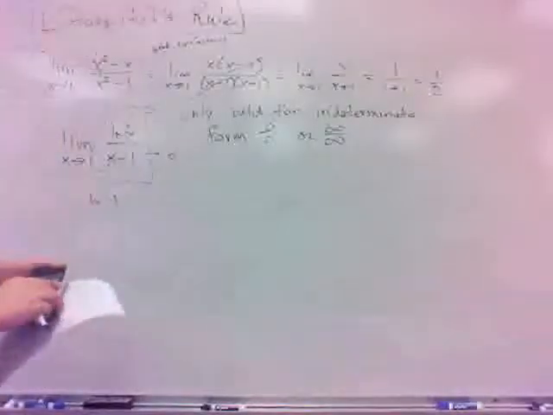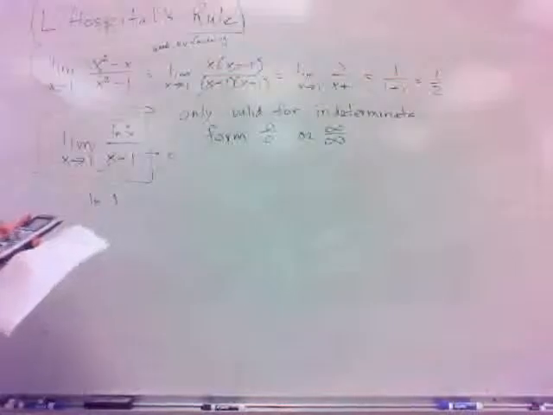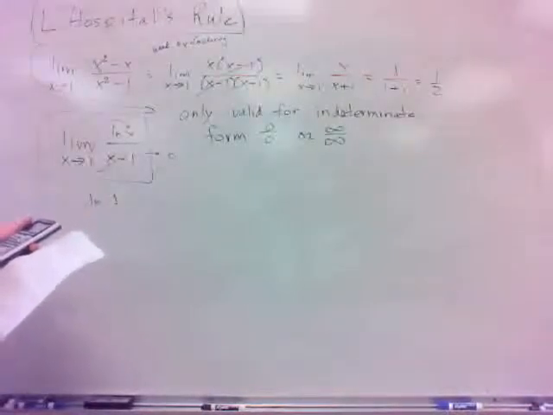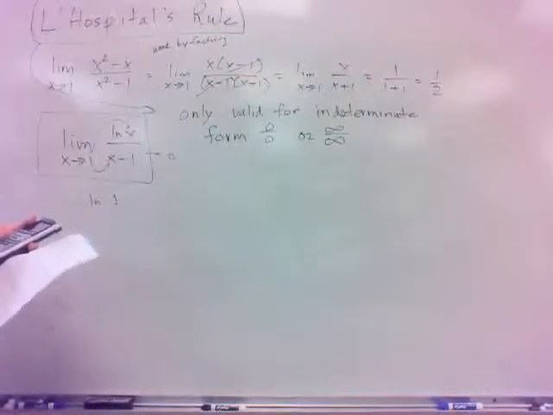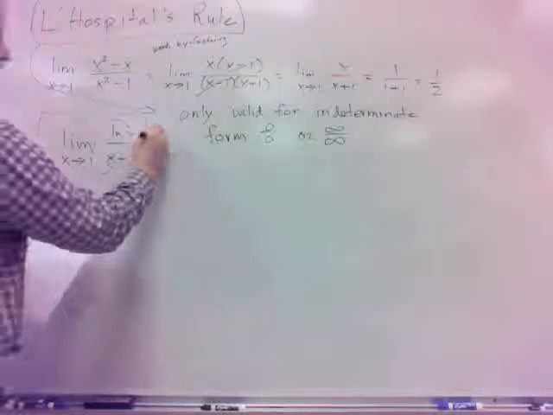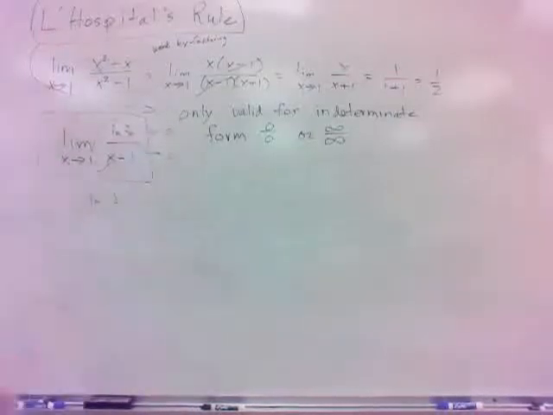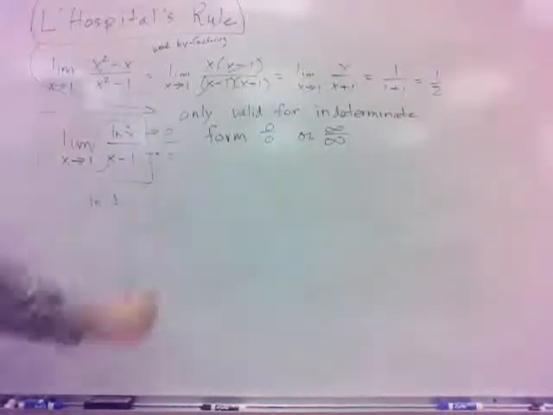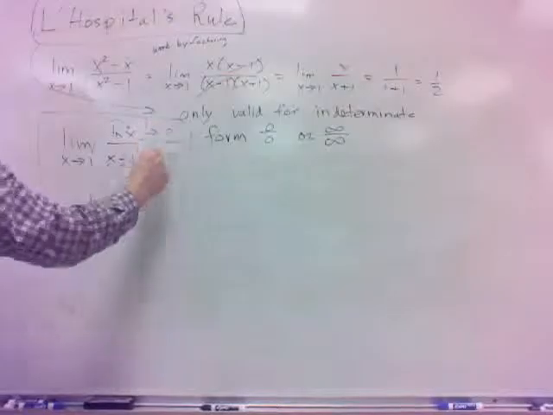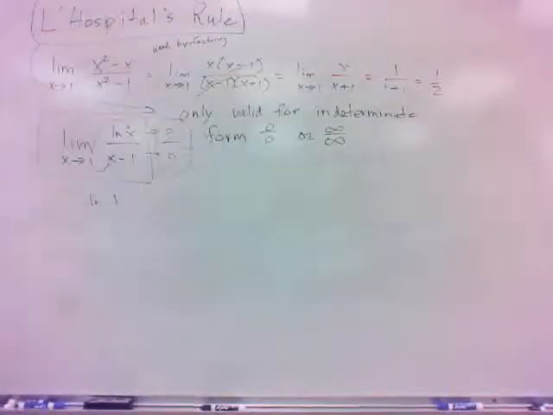Different ways you can see it, but if you just plug ln of 1 into your calculator, you get 0. This is what is known as the indeterminate form 0 over 0.